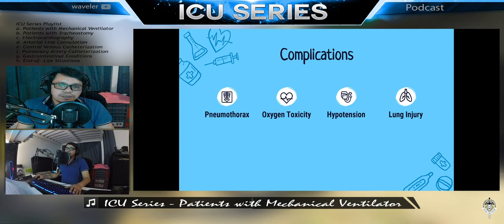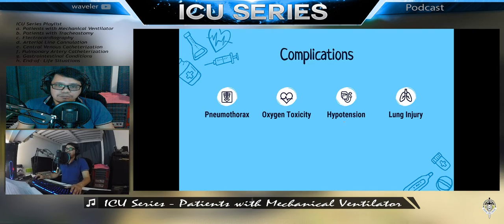Oxygen toxicity. Sometimes when the patient is constantly on high flow oxygen, especially if the FiO2 is around 0.6 for a prolonged period of time, it can cause fibrosis. Hypotension is actually a side effect of the opioids and sedatives that are given to the patient in the ICU.